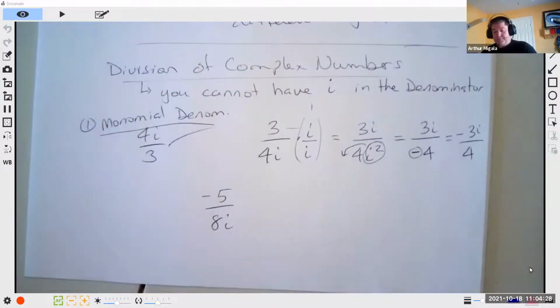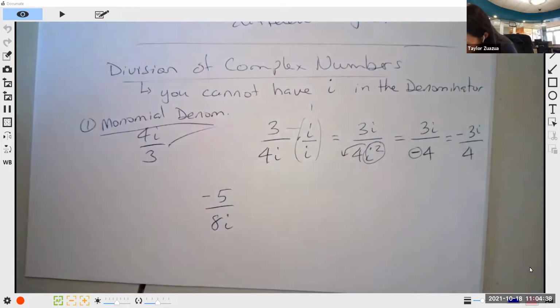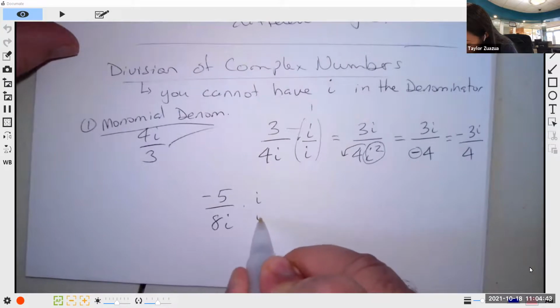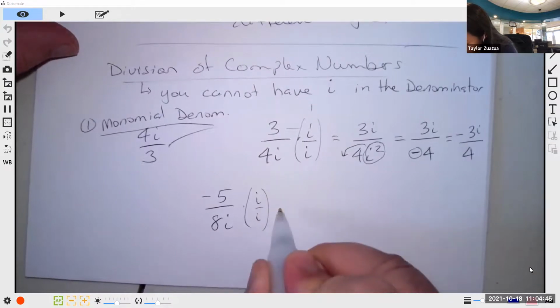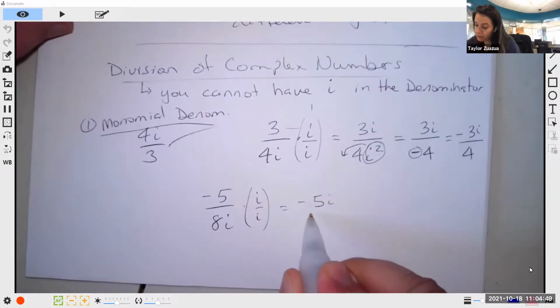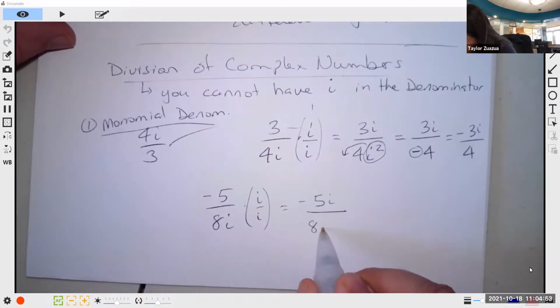How about that one? -5 over 8i. So then you'll just multiply by i over i, which equals -5i over -8.